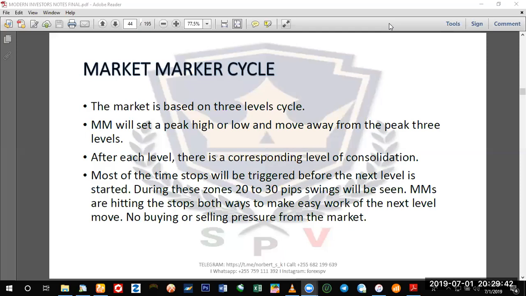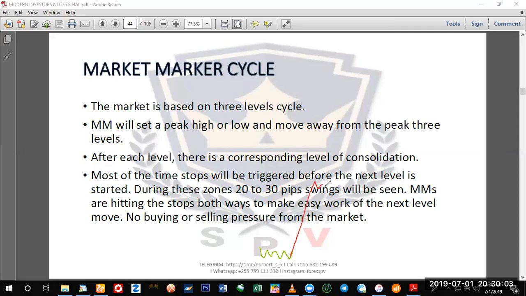So where's the notation here? Before the dealer swings the market 3 levels, he would form a peak low or a peak high. So this will be a peak low here. And then there will be 3 levels.